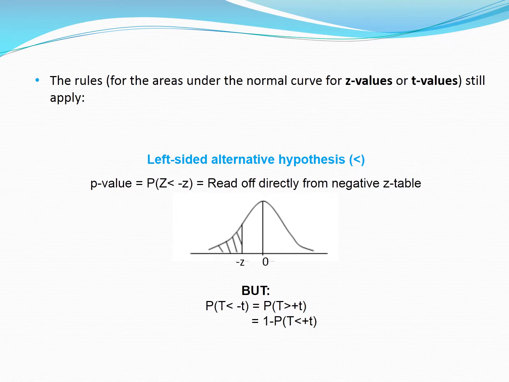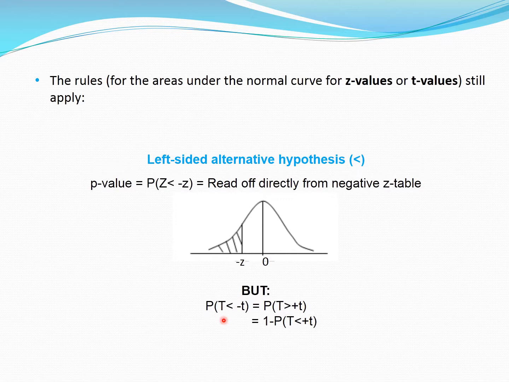The rules for calculating probabilities, where we looked at the areas under the curve for Z and the T tables in chapter 8, will still apply. So for example, if we test a left-sided alternative hypothesis and we had a Z test statistic, then the p-value will be the probability that Z is less than a negative Z value. So if I look at that area, I have it in my negative Z table, so I can simply read it off.